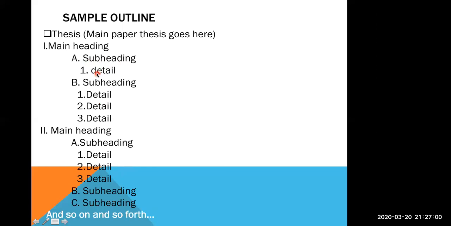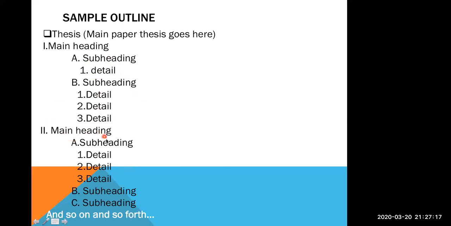Detail 1, detail 2, 3, etc., depending on the topic in question and on the complexity and depth of this topic. As you can see here, for example, B takes 3 details while A takes 1 detail. It's okay, no problem, as I told you.